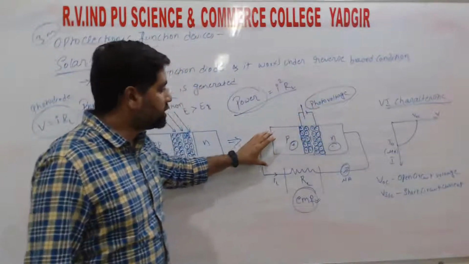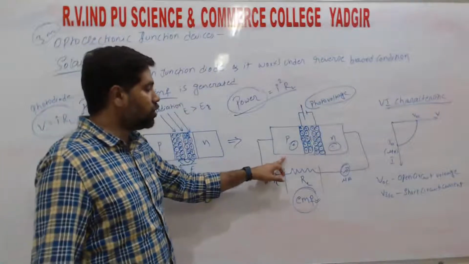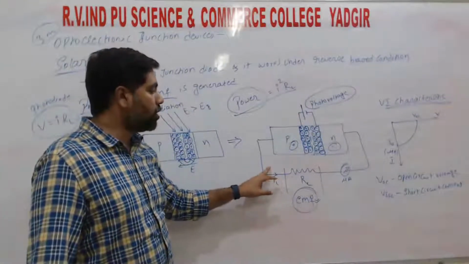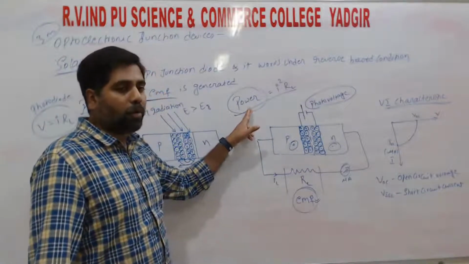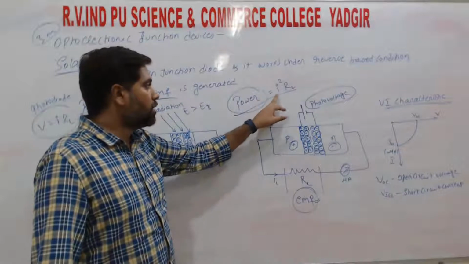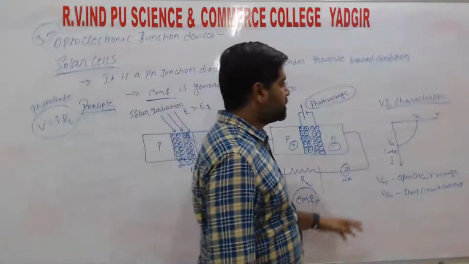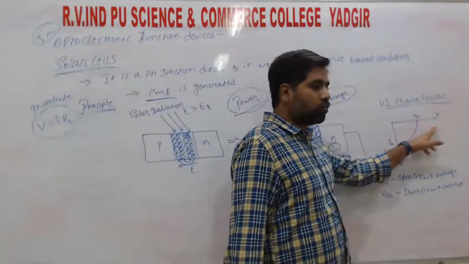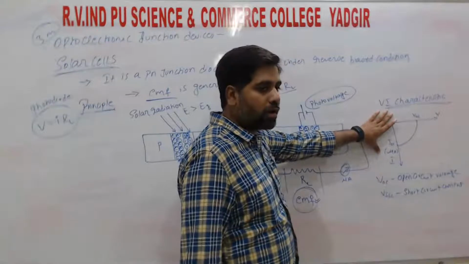So when an external resistance is connected across this solar cell, the current flows in the external circuit. From that we obtain the power, that is I squared RL, right? So we get the VI characteristics, which are drawn in the fourth quadrant, right?